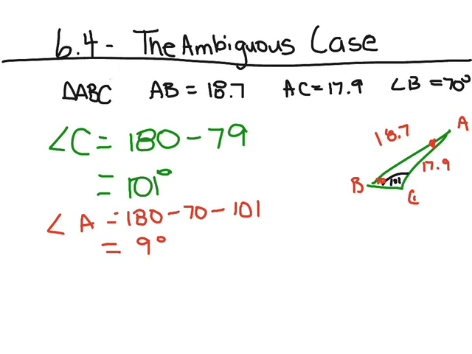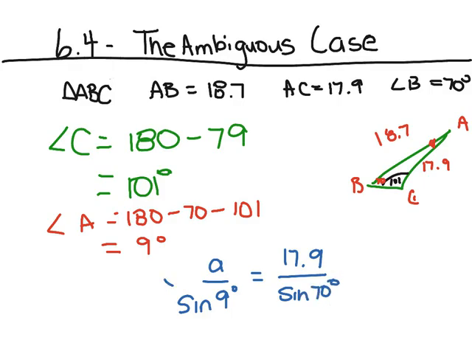So we need to find A. So A over the sine of 9 is equal to 17.9 over the sine of 70. We're going to multiply both sides by sine 9.